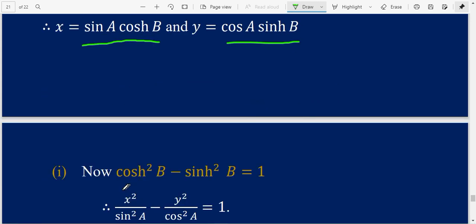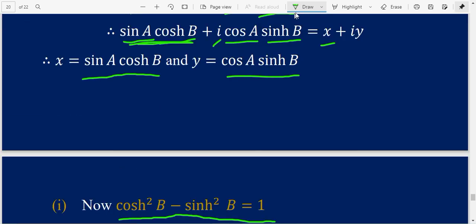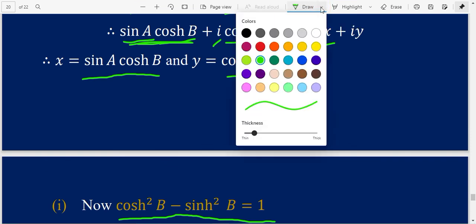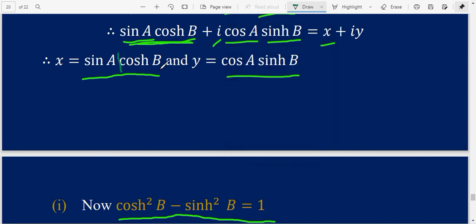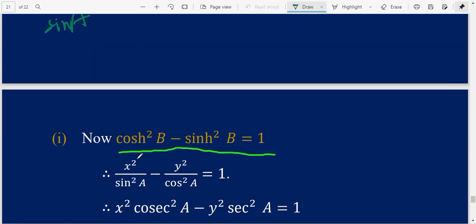Now use the hyperbolic identity: cosh square b minus sinh square b is equal to 1. Here cosh b is equal to x upon sin a, and sinh b is equal to y upon cos a.